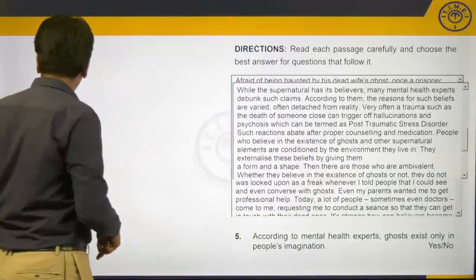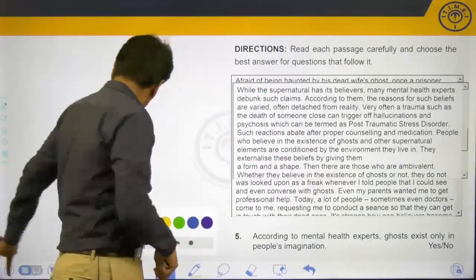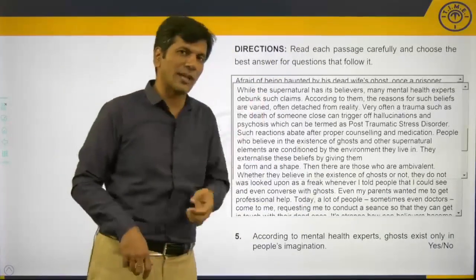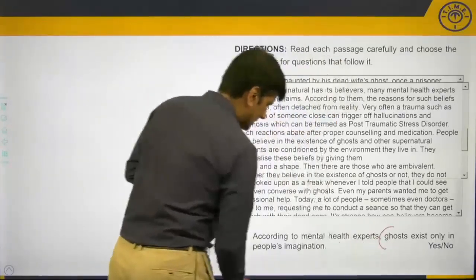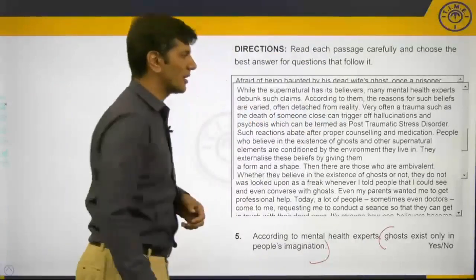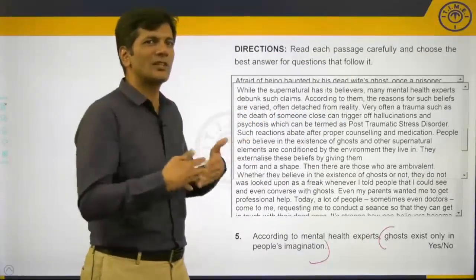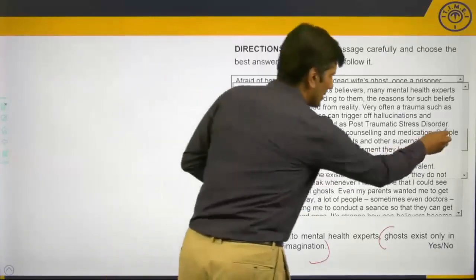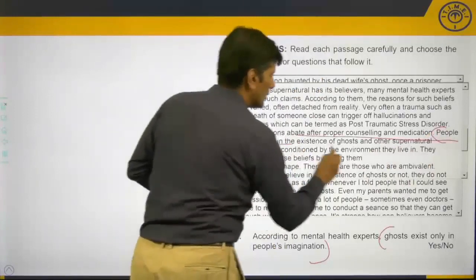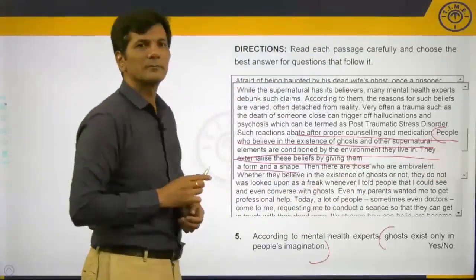So going back to what we were discussing a little while earlier in terms of different question types, ghosts exist in people's imagination is not something that is mentioned verbatim in the passage. It is essentially something that we were able to derive from this part of the passage.